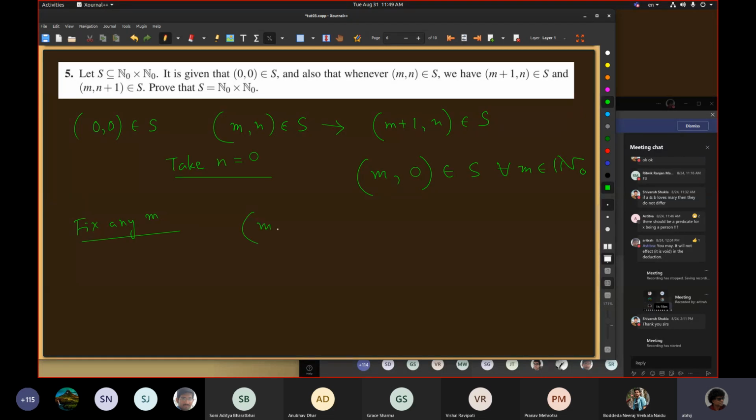You have m, 0 in S. Also, you have the second thing, m, n in S implies m, n plus 1 is also in S. 0 is there. If n is there, n plus 1 is there. Then you prove that m, n is in S for all n in N.